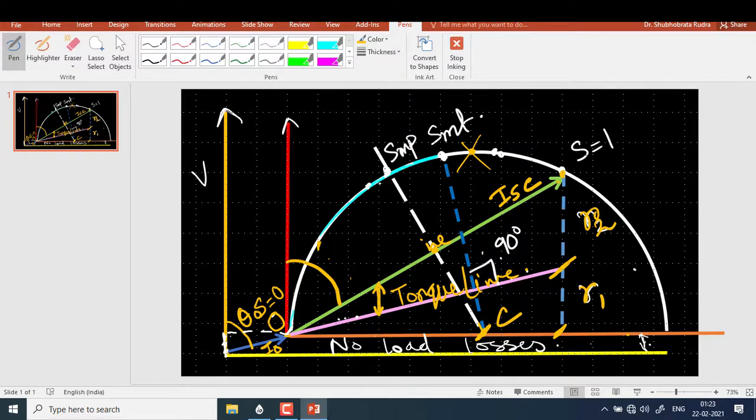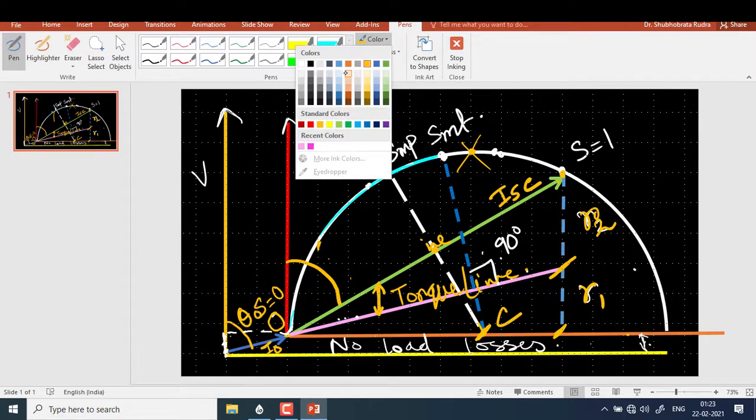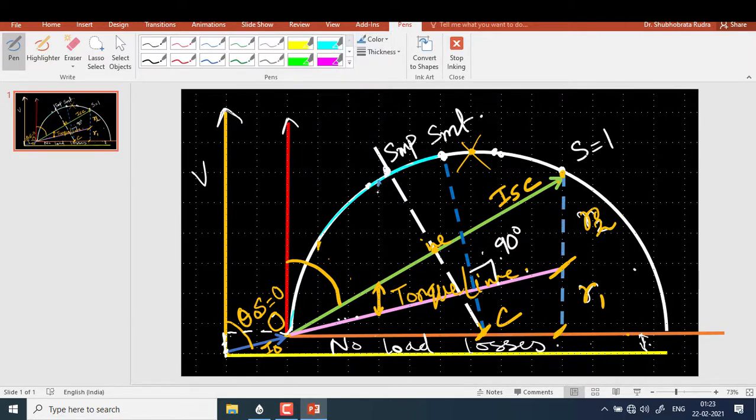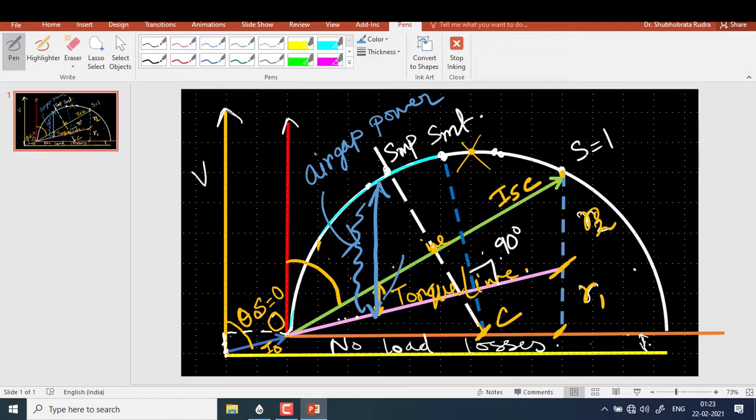So if we obtain the slip value at any point, this vertical length, this is your air gap power above the torque line, and this much is the corresponding rotor loss.